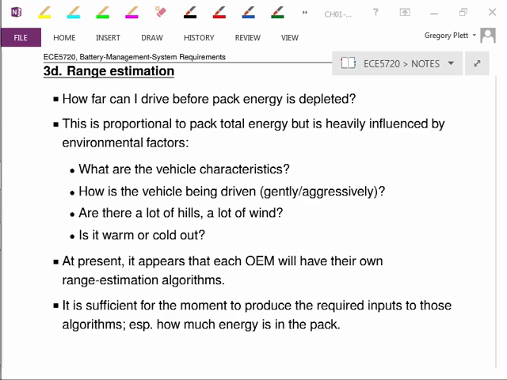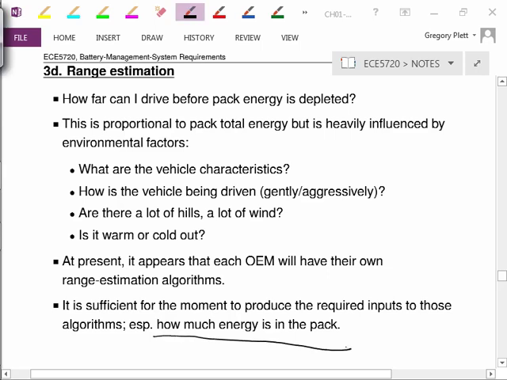And at present, it appears to me that each automotive OEM is going to have their own range estimation algorithms. And so my focus in this course is not on these fancy things to estimate range, but rather on, can we identify the more primitive quantities that would be needed by a range estimation algorithm or a life estimation algorithm or something like that. So can we estimate how much energy is available in the battery pack?